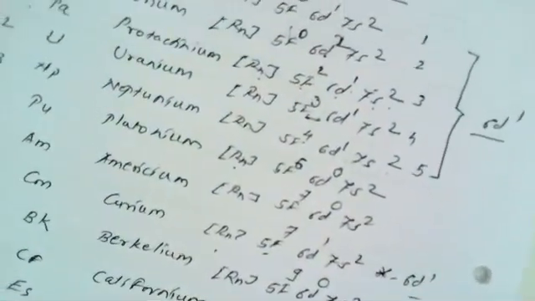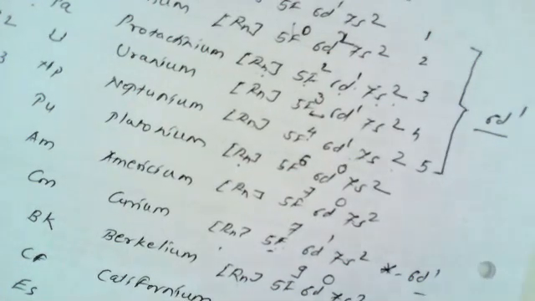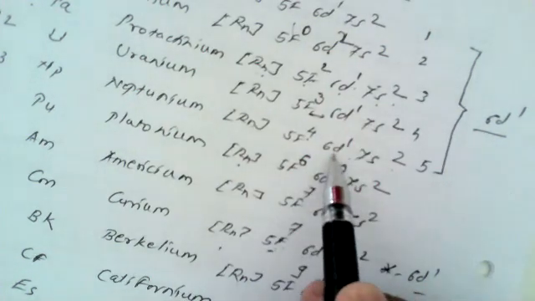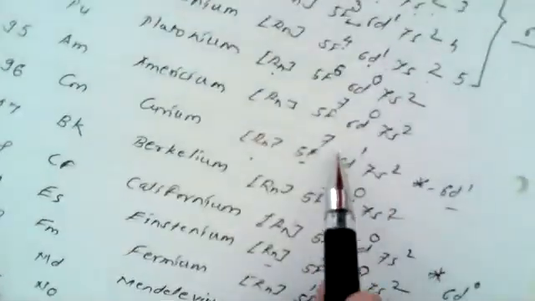So you have to write, while writing the electronic configuration of actinides, that all these elements up to neptunium contain a single electron. I have told you already the reason why there is an unusual electronic configuration, and this usual sequence is again somewhat disrupted at curium.